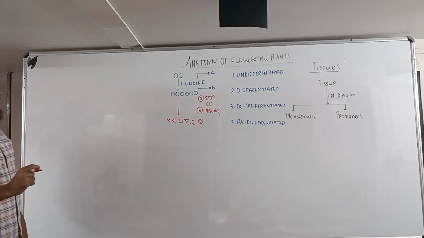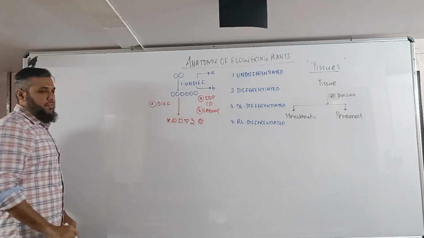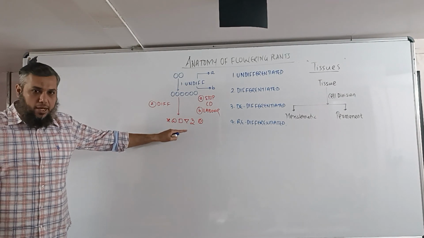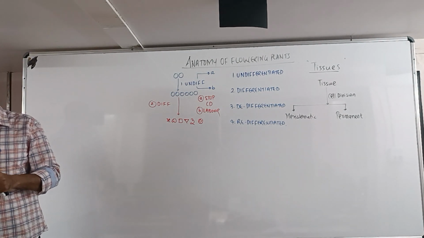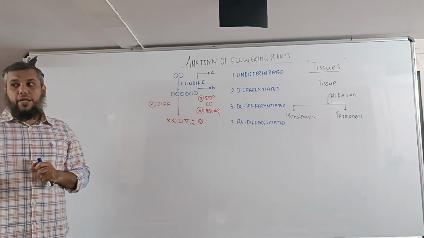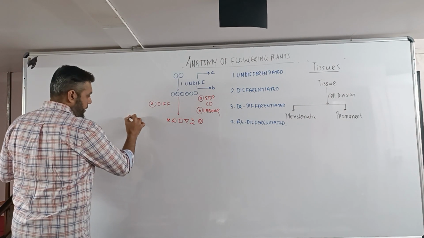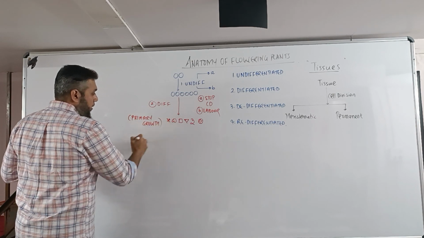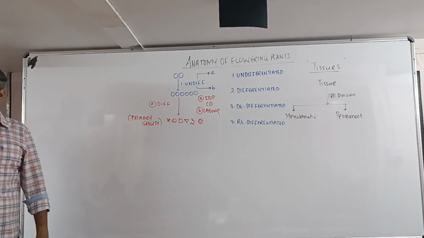And we say that they have undergone the process of differentiation. Some cells have become parenchyma, sclerenchyma, collenchyma, xylem, phloem, cambium. That means now they have taken up different functions, and they have done this for the first time in their life. So this is the first growth, the primary growth.